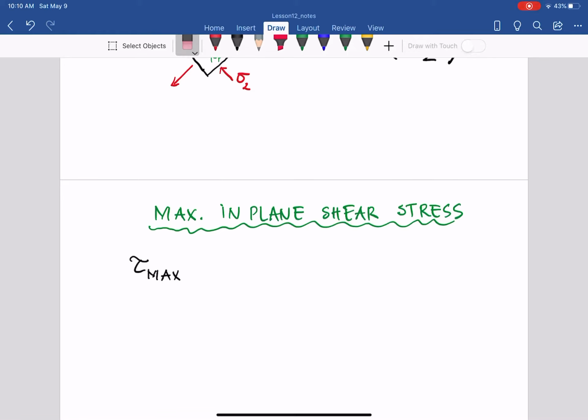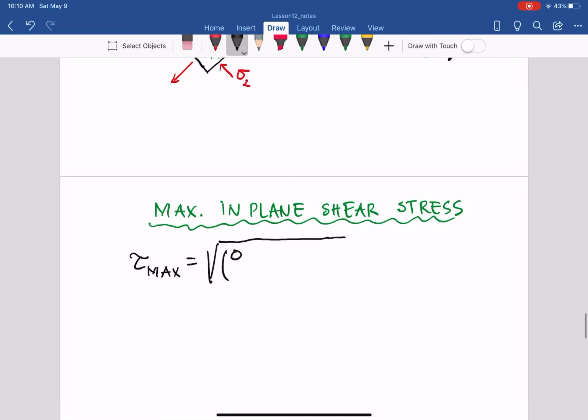equal to, again, just making a summary so that we can have an overall picture before we move on to the Mohr circle, the square root of ((sigma x minus sigma y) over 2) squared plus tau xy squared.